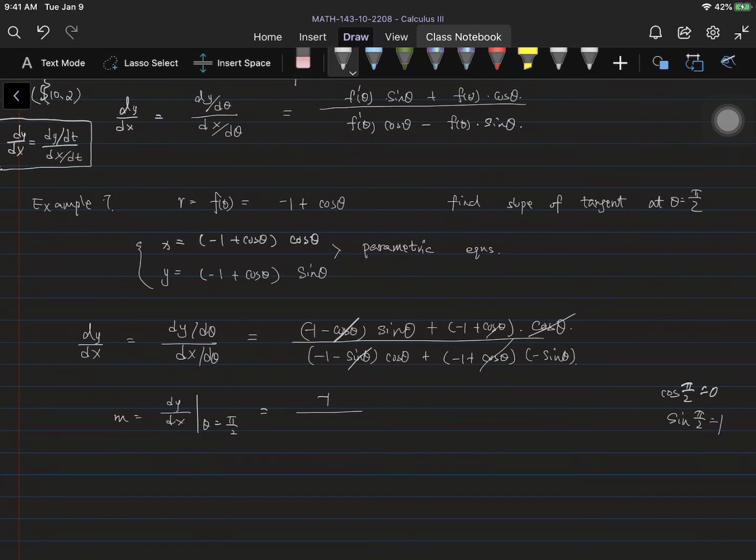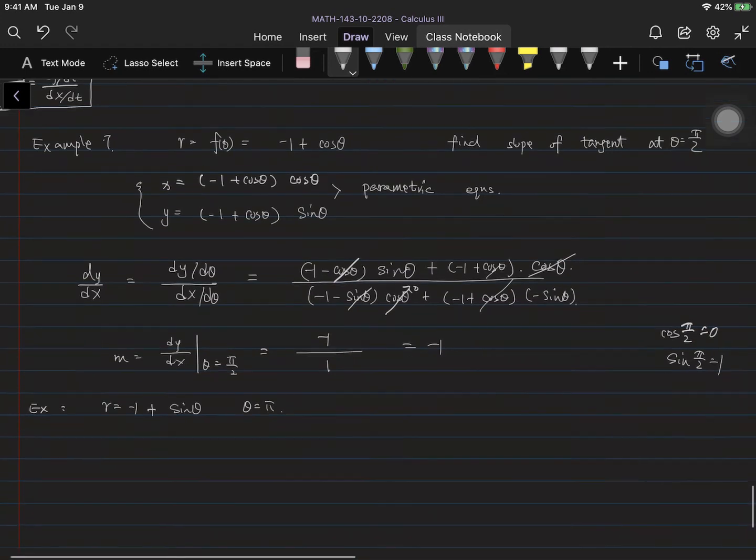What's at the bottom? This term becomes 0, right? So note this term. So -1 times -1 is +1, which is -1. That's the slope. Pretty easy, right? And then if you want, you can try this exercise. Please evaluate at pi. I will give you the solution later.